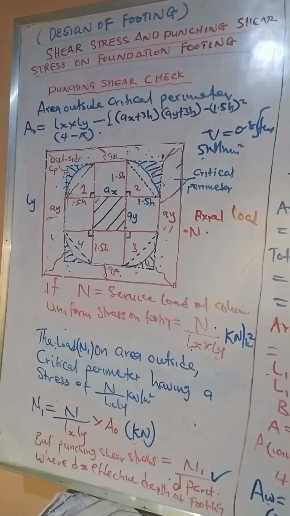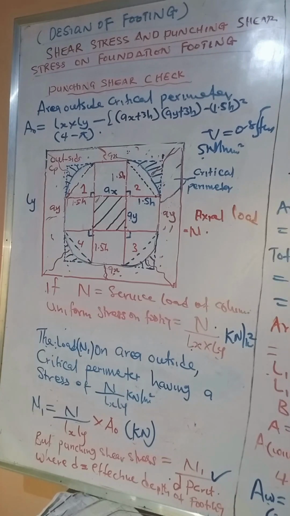Once you have done your check for punching and your punching shear stress is less than the limit, the section is okay in terms of punching shear. But in a case where your applied stress is greater than the maximum allowable punching stress, 0.8 square root of FCU or 5 Newton, what you need to do is increase the depth of the section.